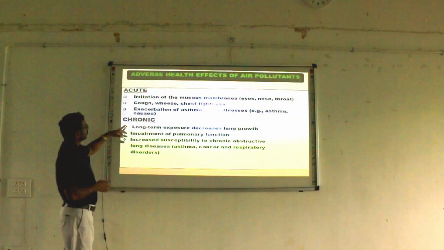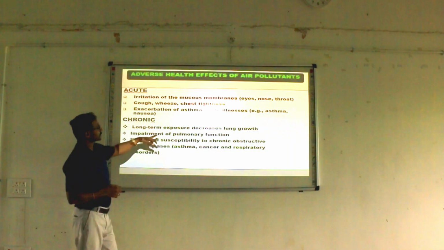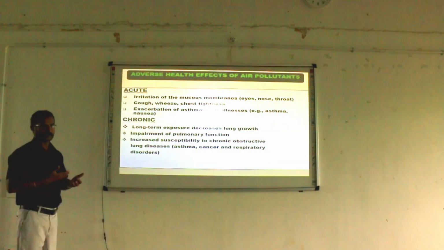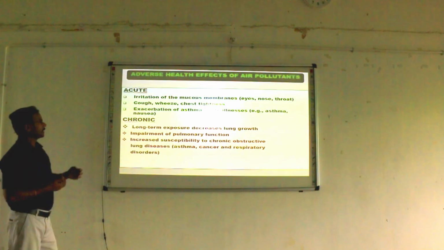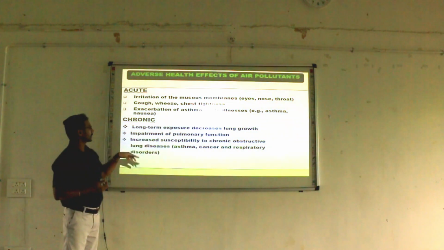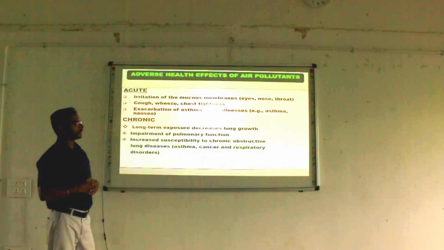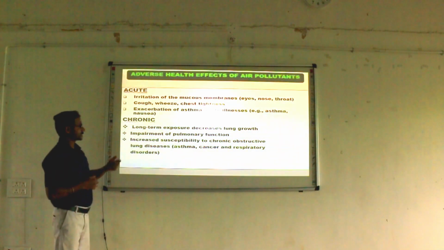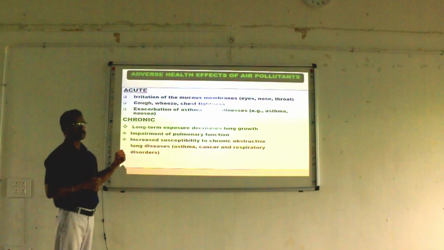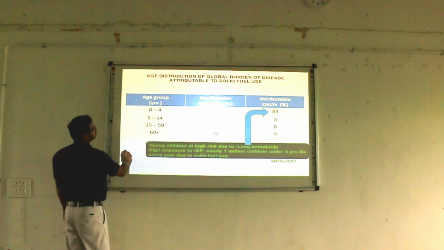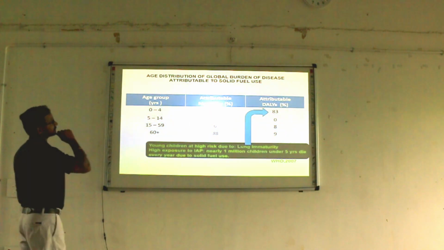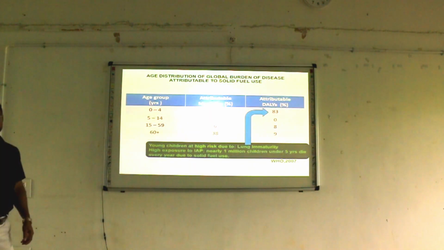The chronic problem is long-term exposure, which decreases lung growth if pollution is very high. Then impairment of pulmonary functions, then increased susceptibility to chronic obstructive lung disease, asthma, cancer and respiratory problems. Here is the age distribution of the global burden of disease attributable to solid fuel use.